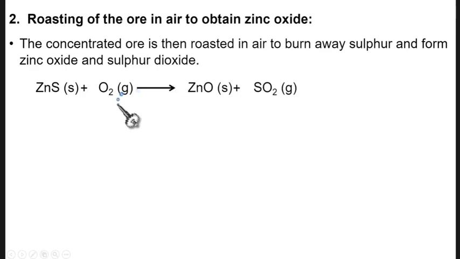So this equation also, it's important that it is balanced, because you must understand that balancing is very important in chemistry. All right, so how do you balance this equation?